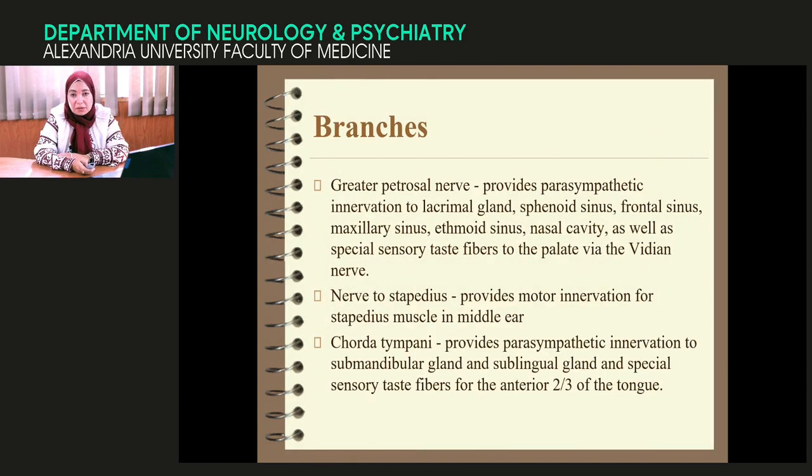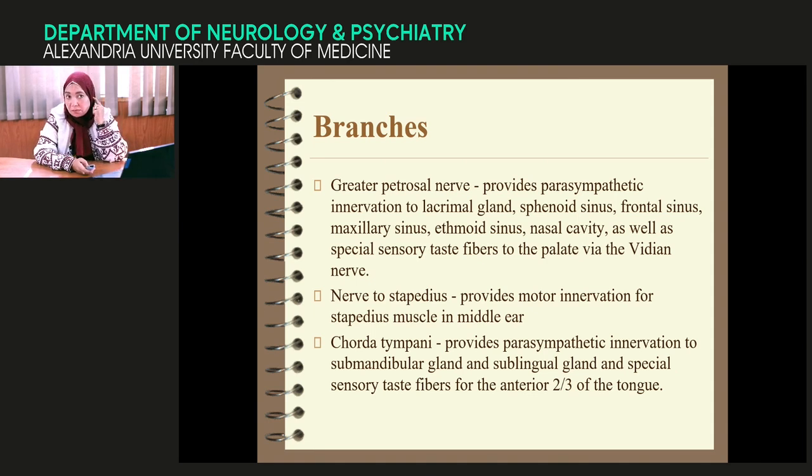Also, it gives branches to the greater superficial petrosal, providing parasympathetic innervation to the lacrimal gland, sphenoid sinus, frontal sinus, maxillary sinus, ethmoid sinus, nasal cavity, as well as special sensory taste fibers to the palate via the vagal nerve.